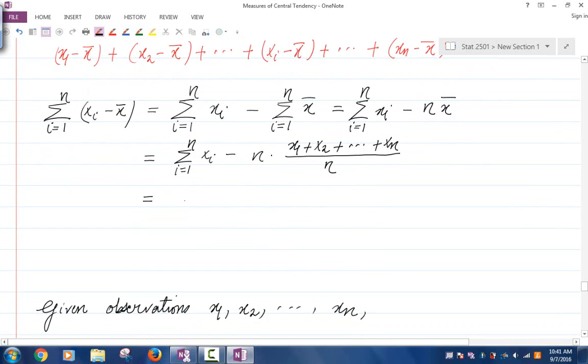If I cancel out n, what I get is x1 plus x2 plus dot dot dot plus xn. That's the same as the summation of xi, i going from 1 up to n. The numerator in the second term is the same as the summation of xi. Well, what is that? That's 0.